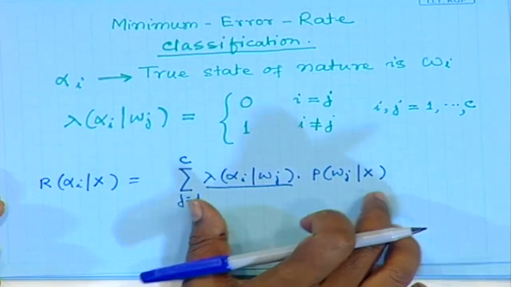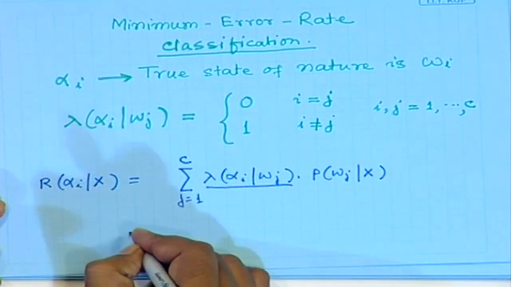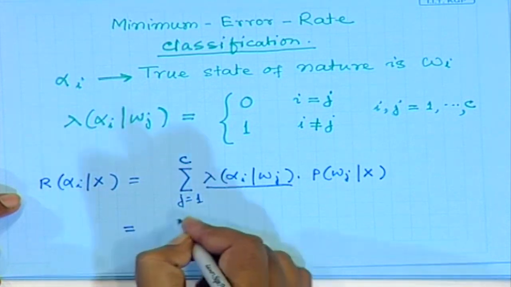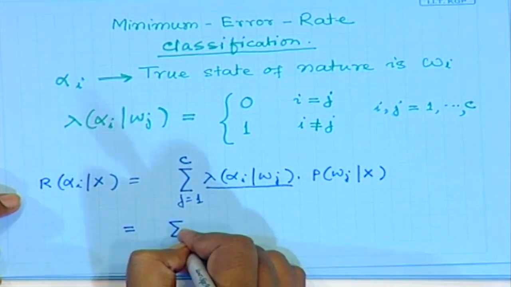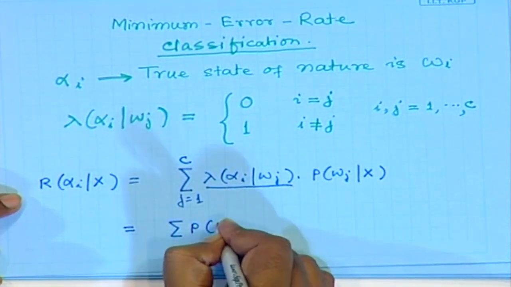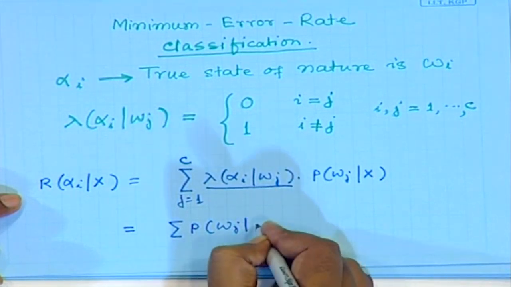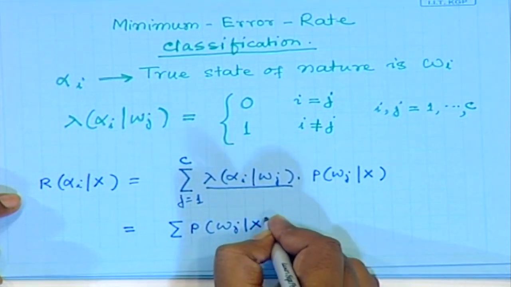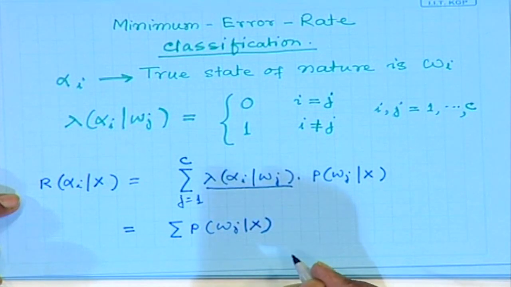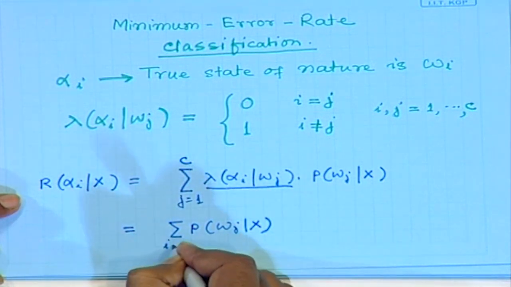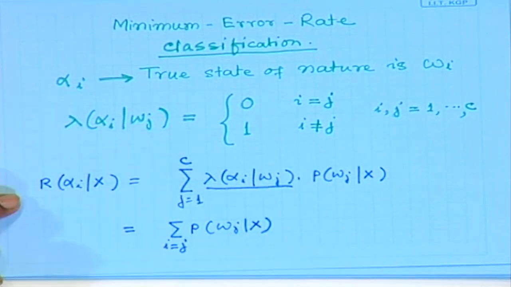So, this summation gets simplified to the summation of p of omega j given x wherever i is not equal to j.